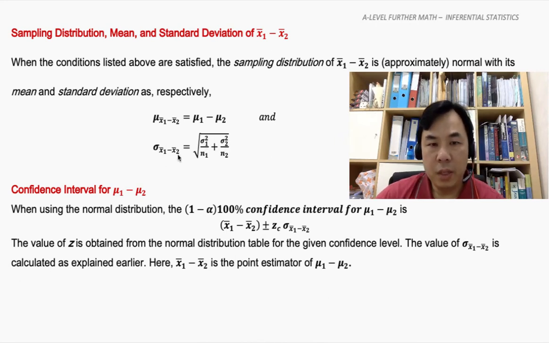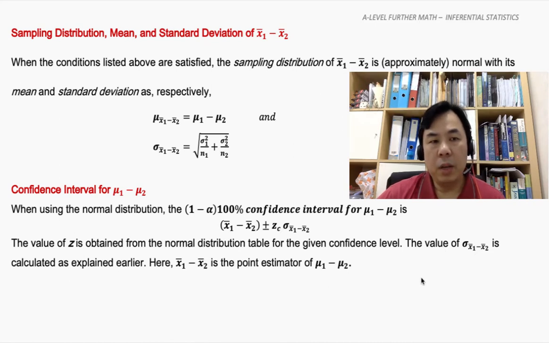So therefore, this is the calculation for the standard deviation, or sometimes we just call it standard error or margin of error, given by this. Now that is meant for performing hypothesis testing. These are the two most important formulas that we need to remember.